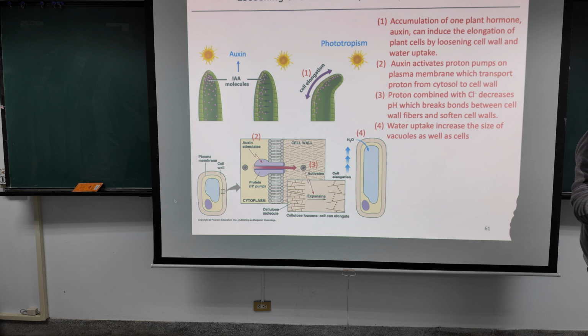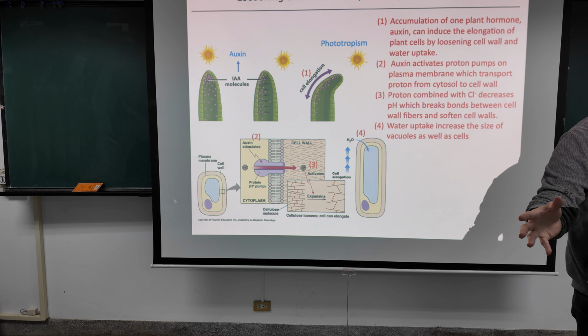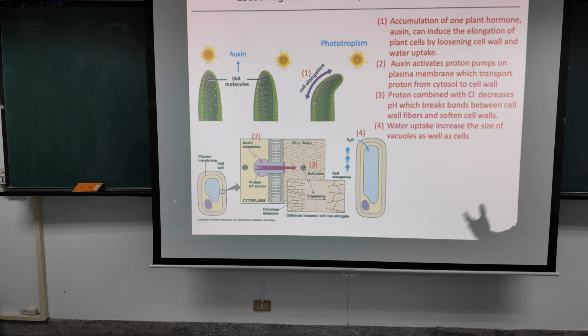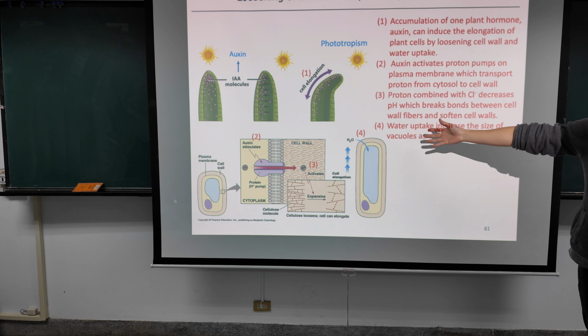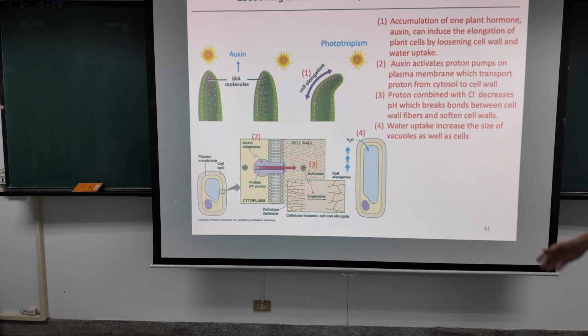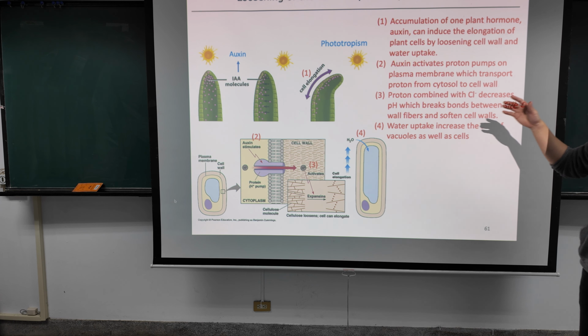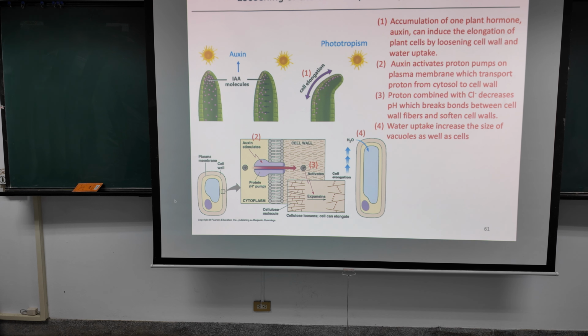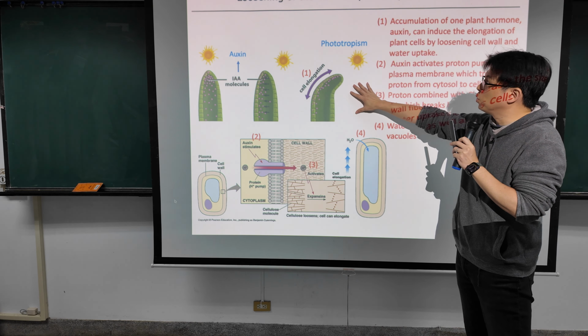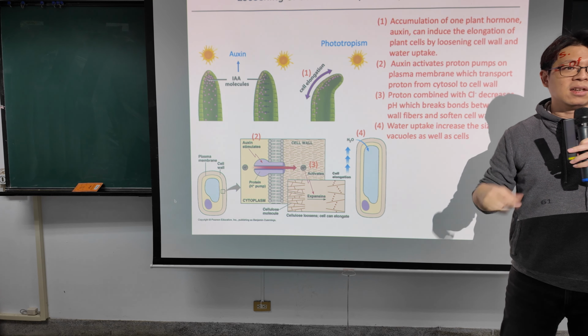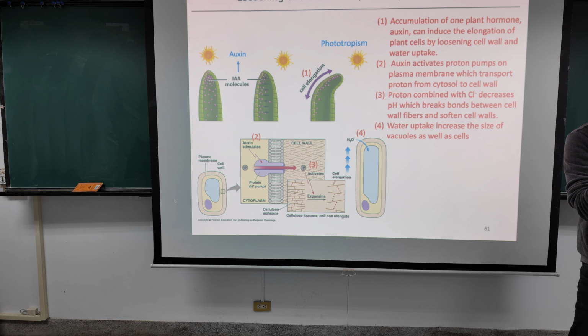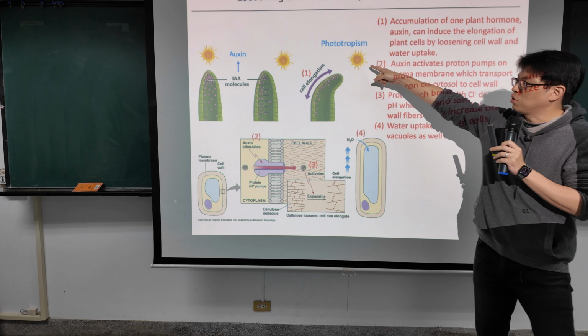Animal cells have MMP enzymes that can digest ECM to generate space for their activity, but how about the plant cell? They need to loosen the cell wall to generate more space. Just to give an example, phototropism. This is an event where the plant will grow toward the direction of the sun.